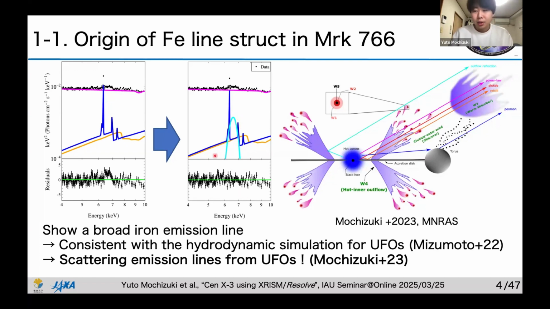This is consistent with the hydrodynamic simulation for ultra-fast outflows presented in Mizumoto-san's paper. And we propose that the broad iron emission lines originated from the scattered emission lines from ultra-fast outflows, and we propose the geometry of narrow-line Seyfert 1.